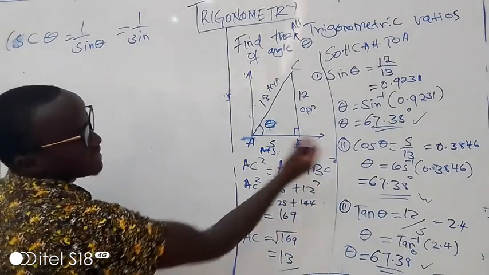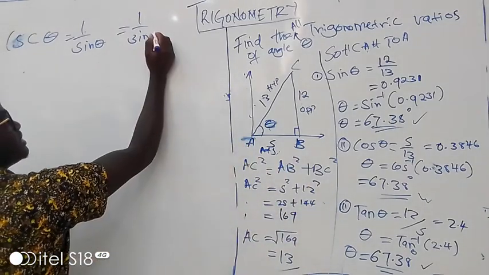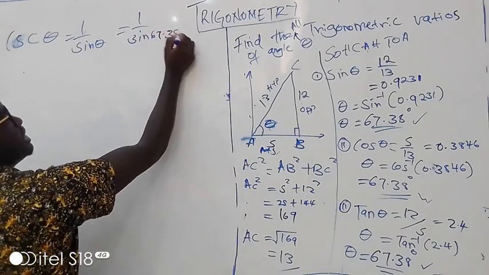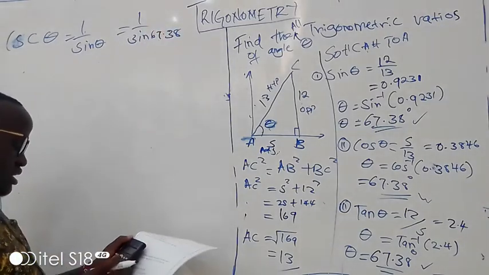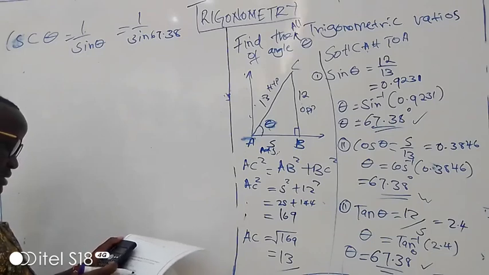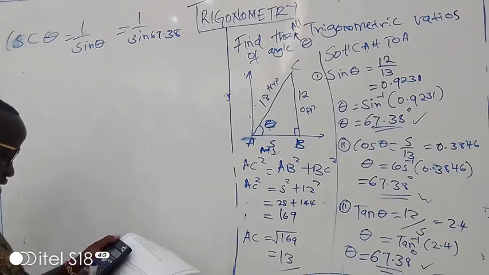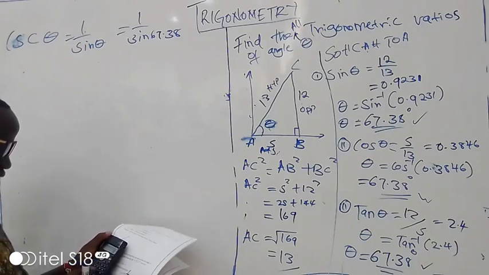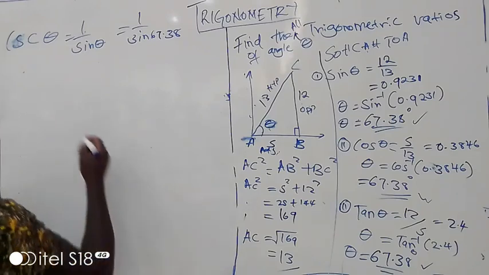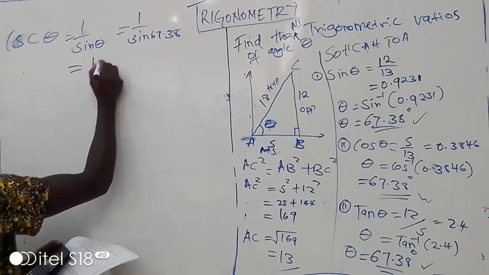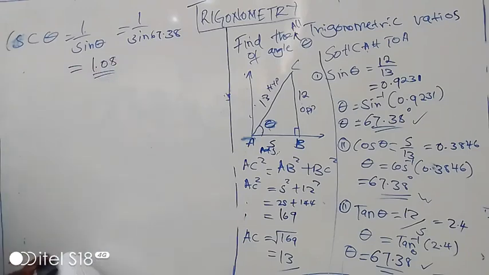We had theta as 67.38, so it is 1 divided by sine 67.38. We are getting 1.08. So I think all three trigonometric ratios we have gotten there.